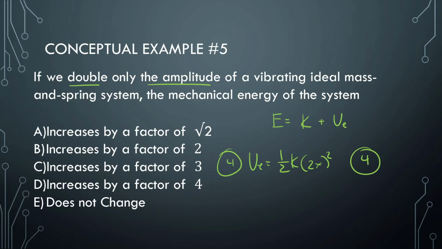So that means the total energy also is going to increase by a factor of 4 here. Okay, because when it's at its amplitude, it's all elastic potential energy. If the amplitude doubles, that means the energy increases by a factor of 4.